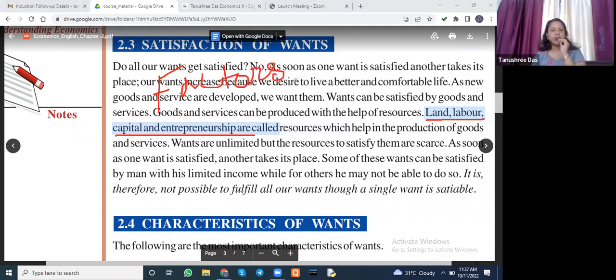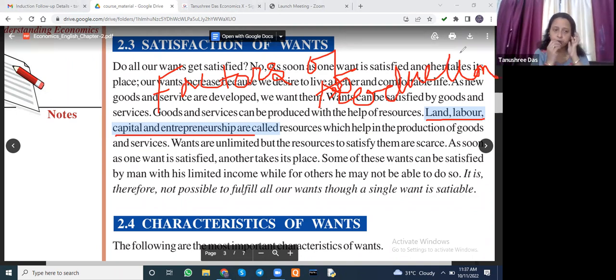Please mark it, Raima and Alim. In order to produce goods and services, we will always require these four factors of production.